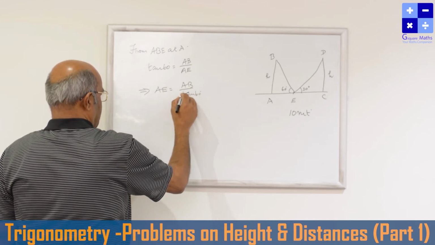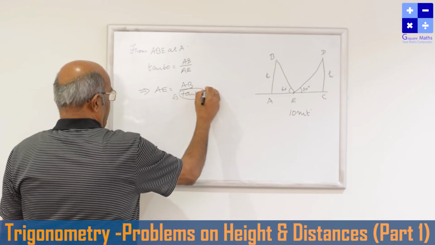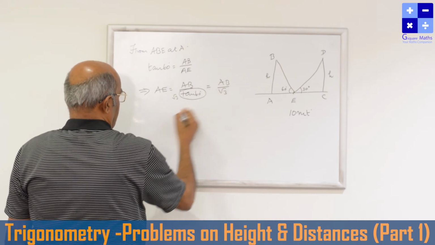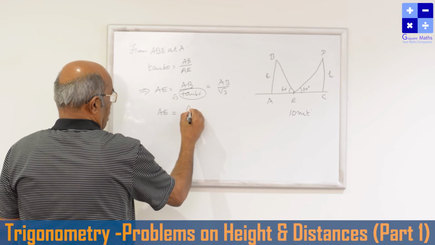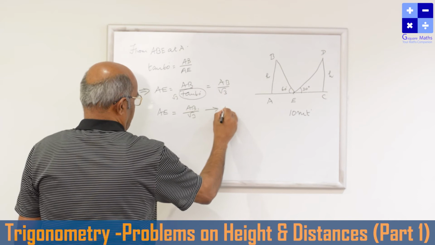We know the value of tan 60 is root 3, so BE is equal to AB by root 3. This is the first equation.